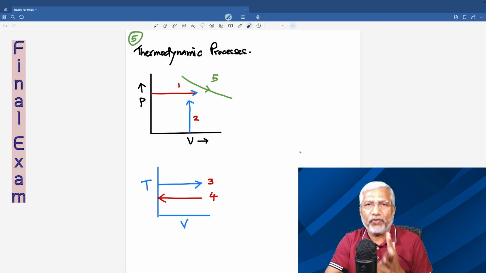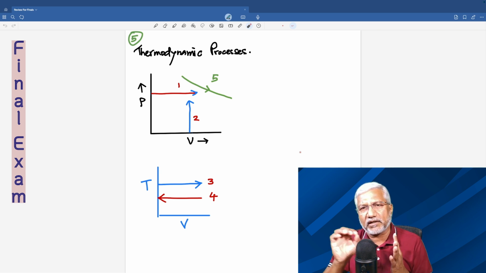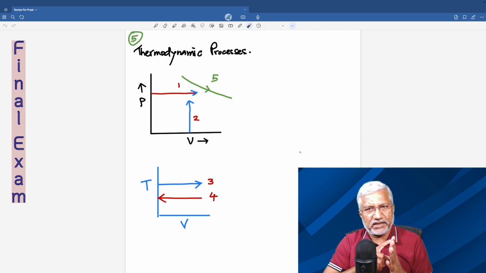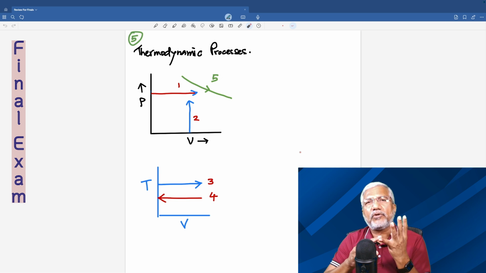Isovolumetric, volume constant. Isobaric, B-A-R-I-C, pressure constant. And then adiabatic. The name is slightly different. Adiabatic means entropy is constant. So there are 4 processes because there are 4 thermodynamic variables.